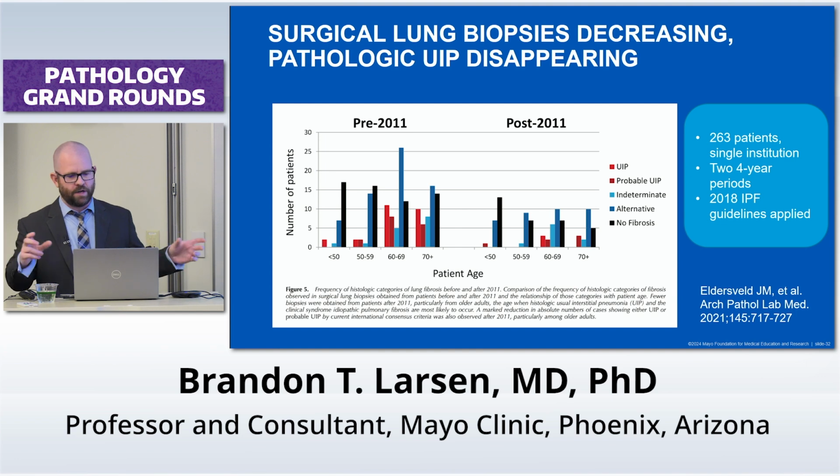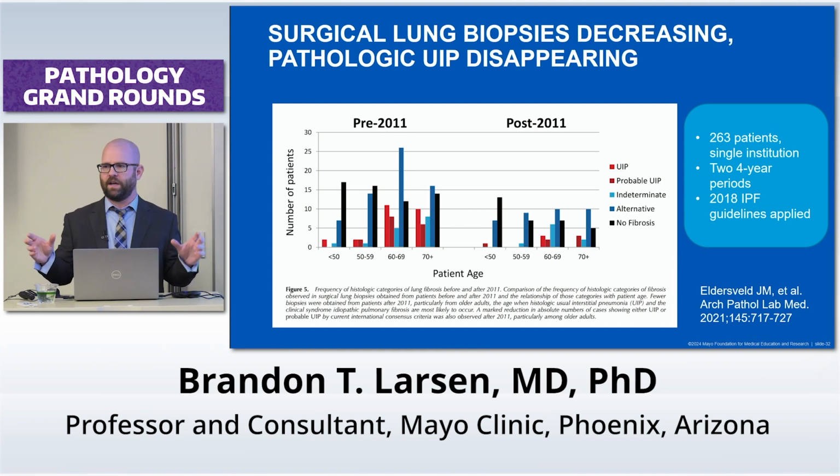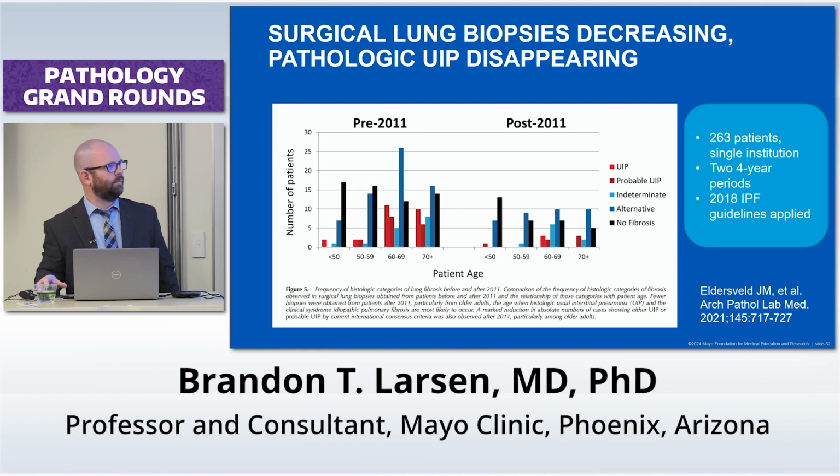We looked at two 4-year periods, pre and post implementation of the guidelines, and then classified them based on the fibrosis that's present. I won't bore you with all the details of this, but I think you can see really easily that after the 2011 guidelines were established, the biopsies have dropped off considerably in sheer numbers. But not only have they dropped off, I'll call your attention to the red and dark red bars there.